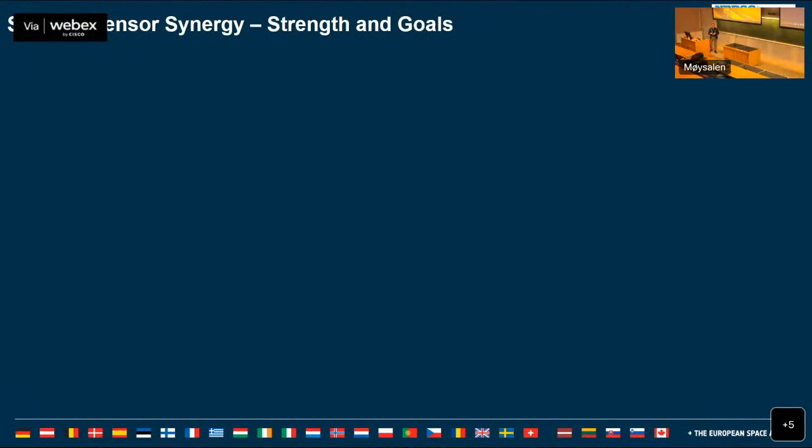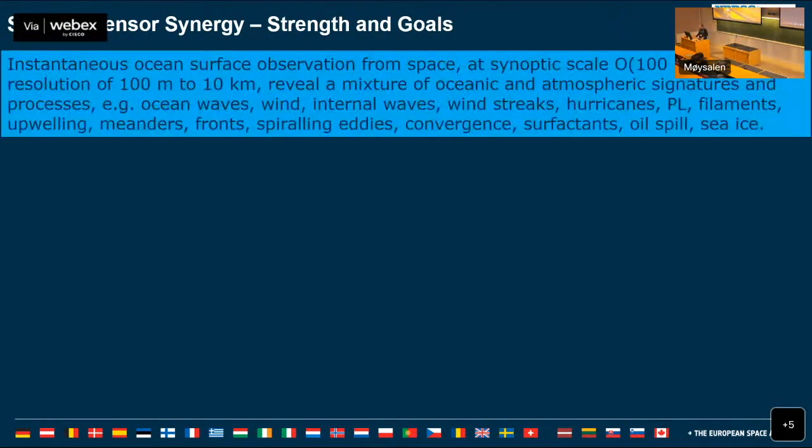So satellite sensor synergy, the strength and the goals of this approach, is that the mesoscale structure of the ocean surface at synoptic scale, at a resolution of 100 meters to a few kilometers, reveals this mixture of oceanic and atmospheric signatures and associated processes.